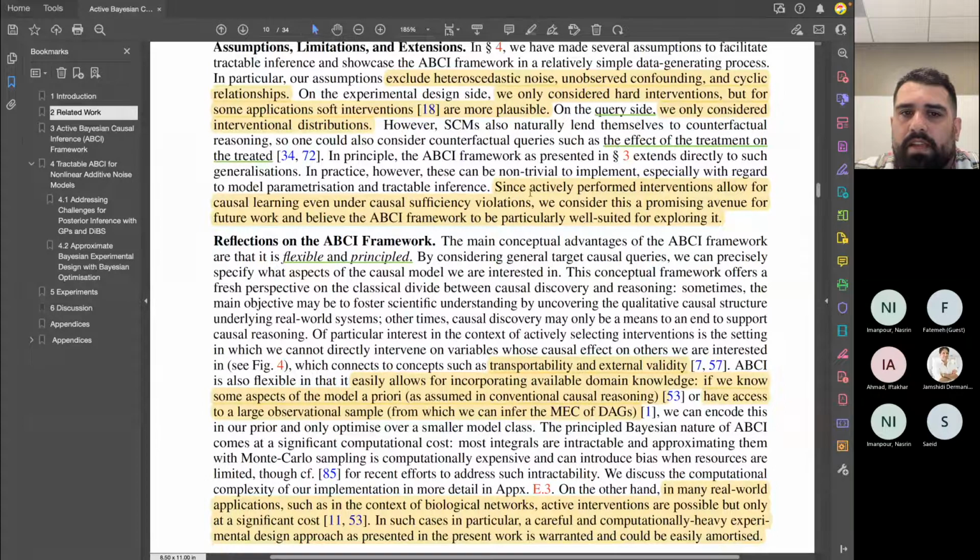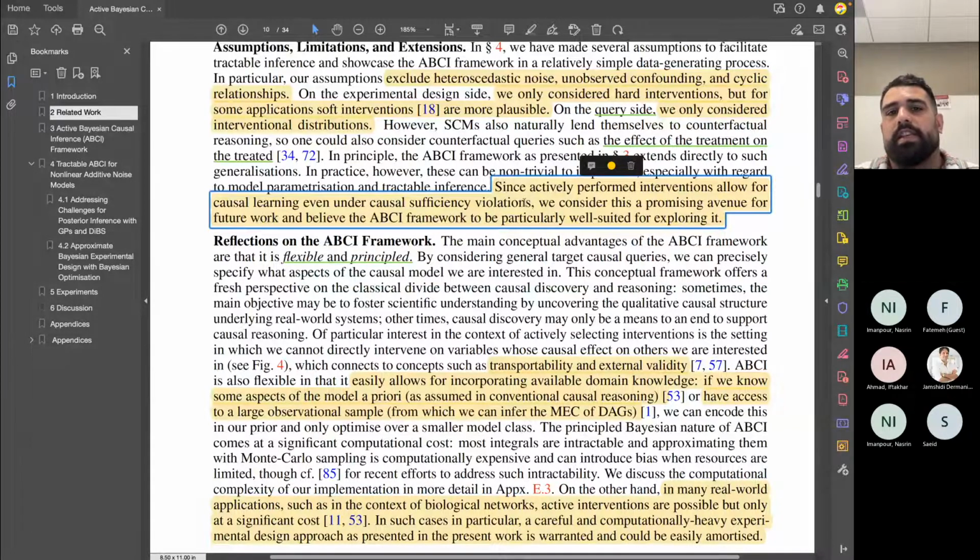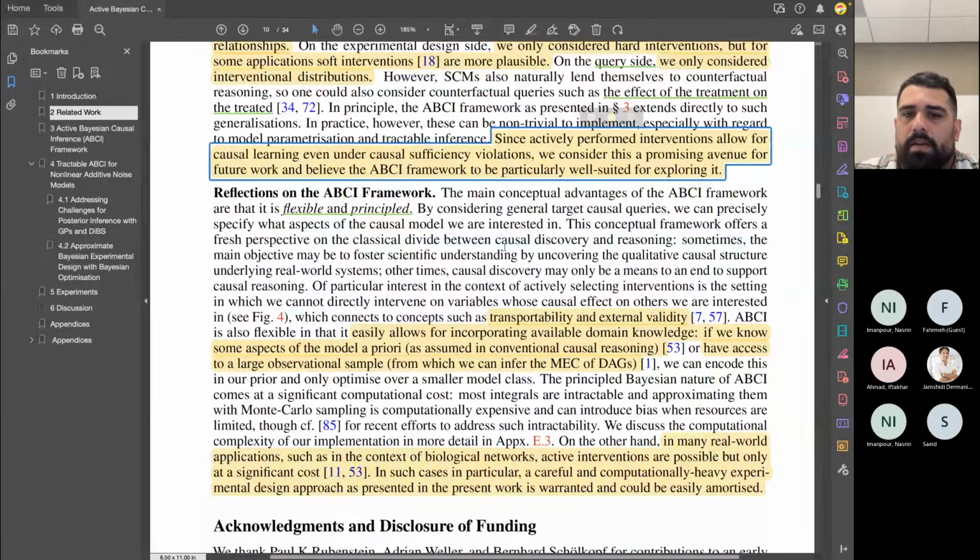There were also some violations that may have happened in the interventions they perform, but for example, they mentioned that actively performing interventions allows for causal learning even under causal sufficiency violations. So they say this approach would overcome some of the limitations or violations that would usually occur with causal learning. So this ABCI can help with that.